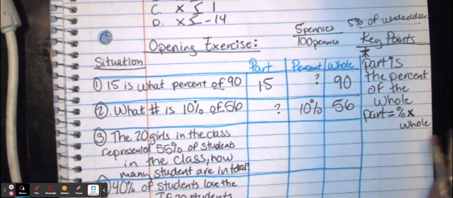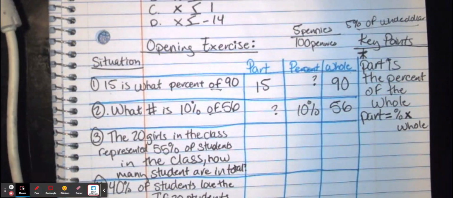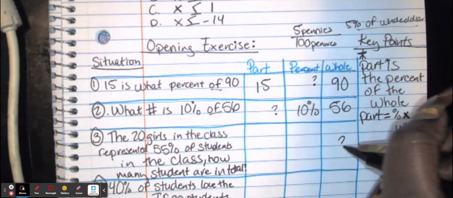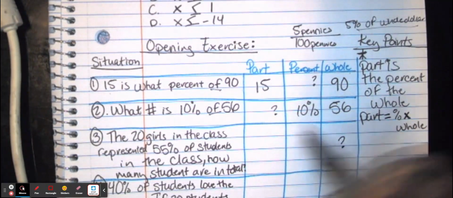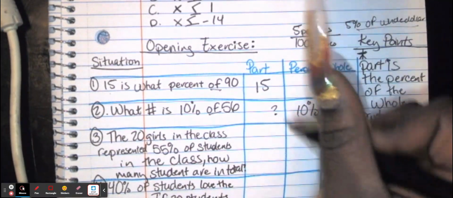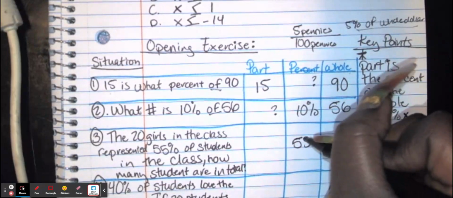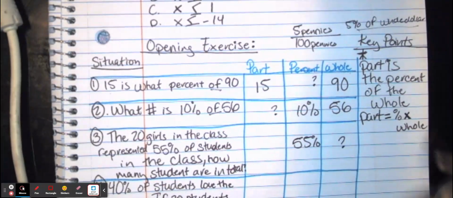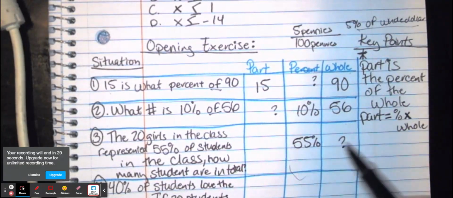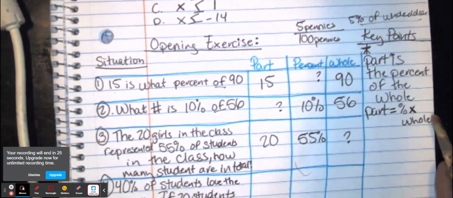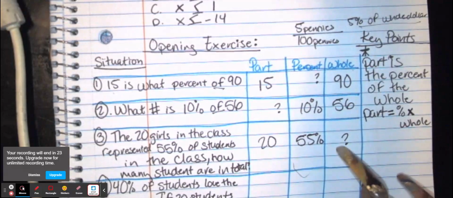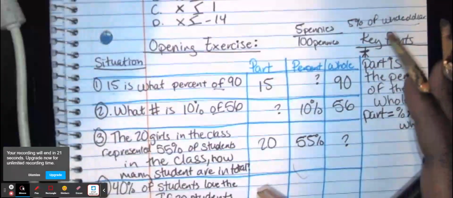If I'm trying to figure out how many students are in total, of course, total is our whole, so we don't know what our whole is, but we know that the girls in the class equals 55%. And when you think about what is 55% of the classroom, 55% is the 20 girls. So part equals percent of a whole.